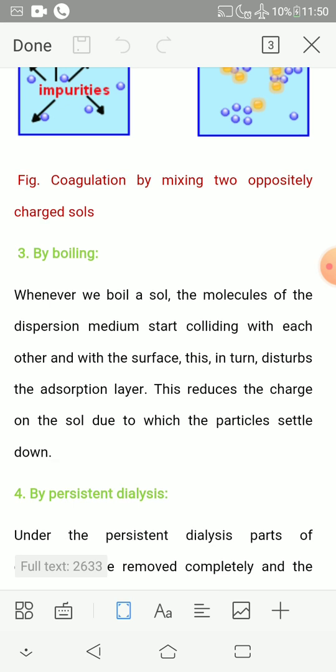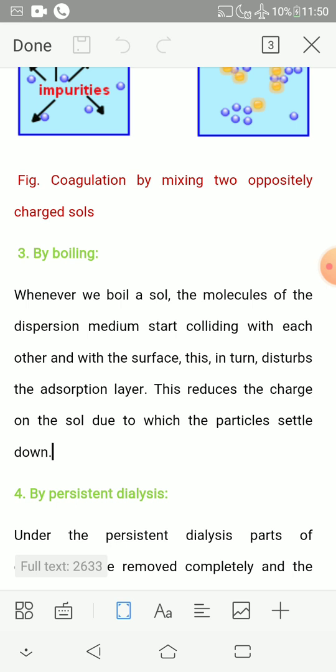Next method, by boiling. By boiling, you can coagulate the particles of a colloidal solution. Whenever we boil a colloidal sol, the molecules of the dispersion medium start colliding with each other and with the surface, and this in turn disturbs the adsorption layer.